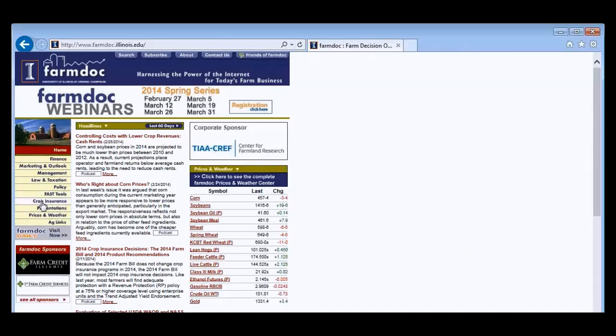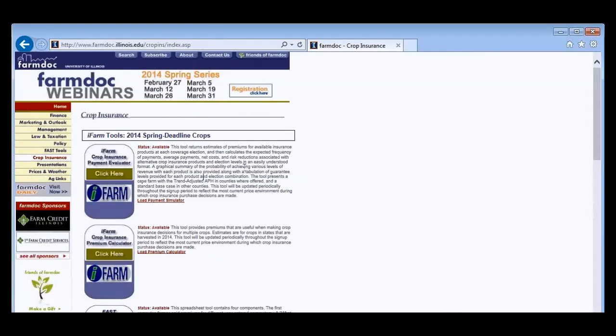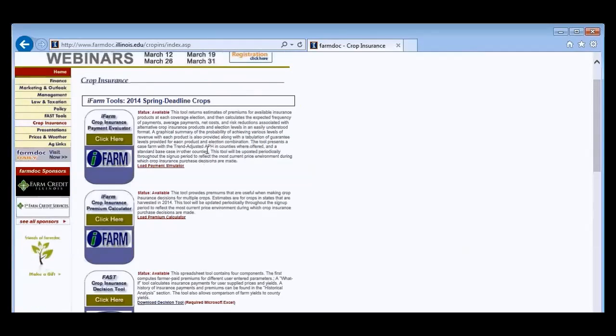If you go into farmdoc and you come down here, you can either get that in the Fast Tools section or the Crop Insurance section. You go into the crop insurance section, you'll see some of our tools here, our iFarm Crop Insurance Evaluator, Premium Calculator. If you click here, you can get online quotes for premiums. We have preset premiums.